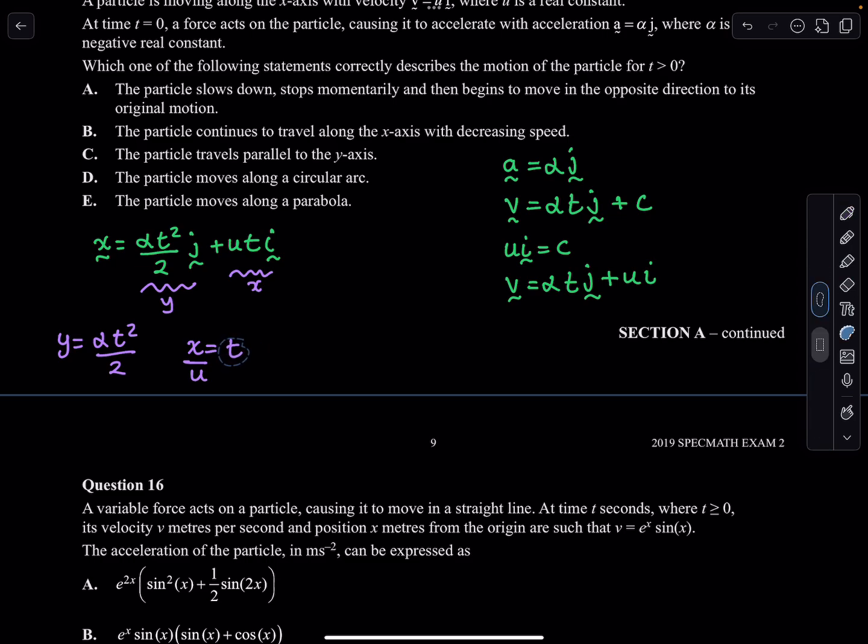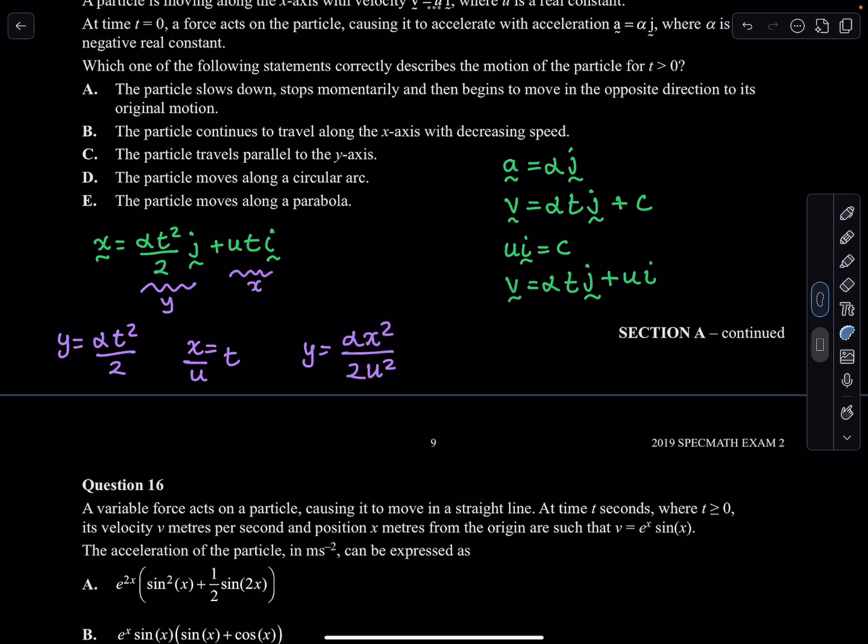And I'm going to sub this t into y to get the equation. So t squared is basically x squared over u squared, all being divided by 2, which is alpha x squared over 2u squared. So that here is the equation of my actual path.